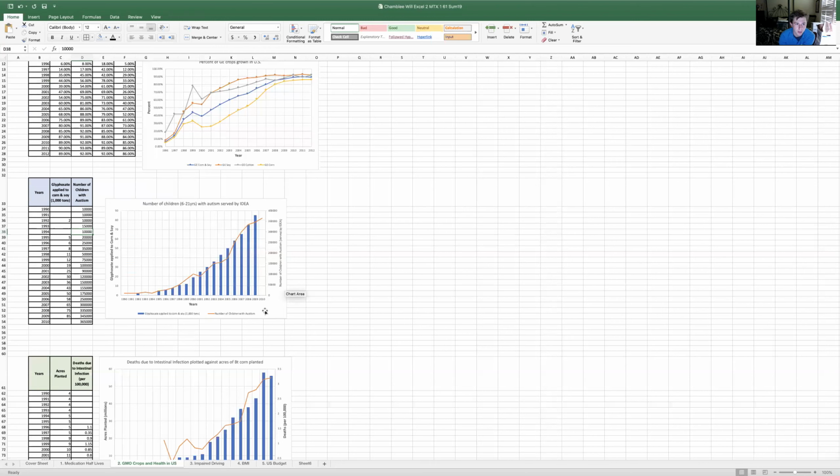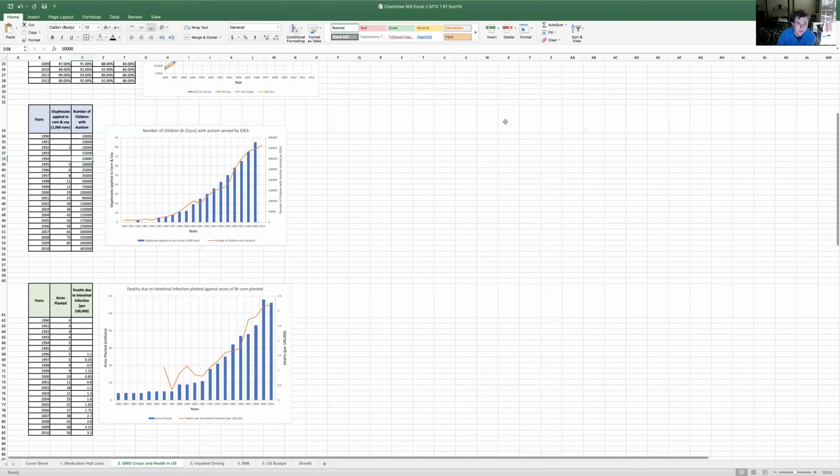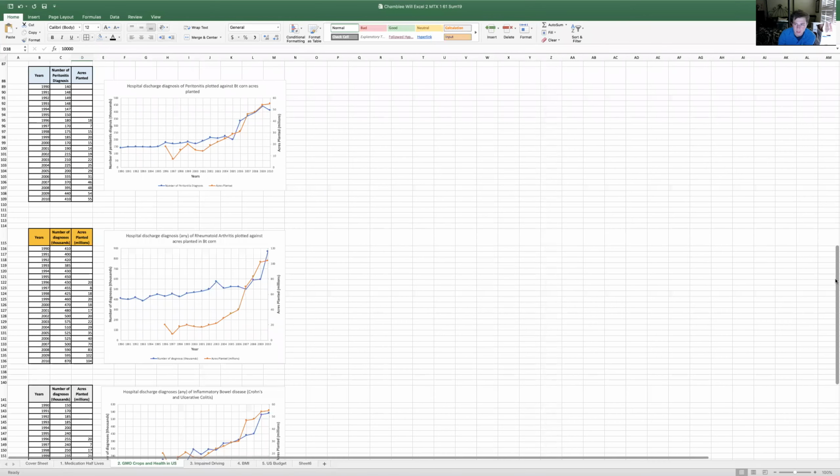If I'm going to be honest, autism or what have you is much less of a danger to people than starvation and hunger, especially those in third world countries. So you see these correlations as the number of children with autism rise, so does the GMO corn. Same with intestinal infection.